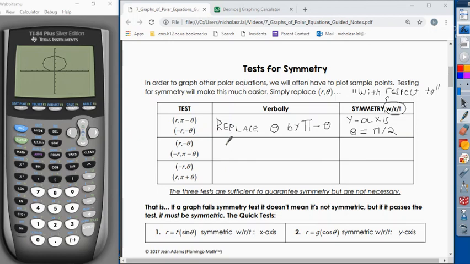Think about that one. When you have (r, negative theta) and (negative r, pi minus theta), you can replace theta by negative theta. Then your symmetry is with the x-axis. We can also call the x-axis the polar axis.